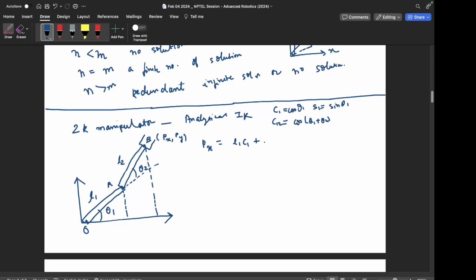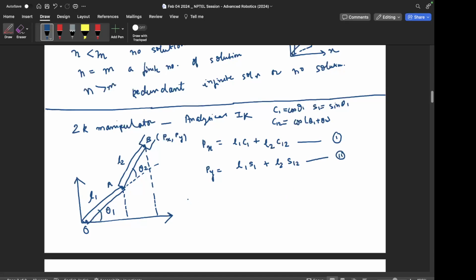So Px is L1 C1 plus L2 C12. Py, similarly the y coordinate, is L1 S1 plus L2 S12. We name these equation 1 and equation 2.